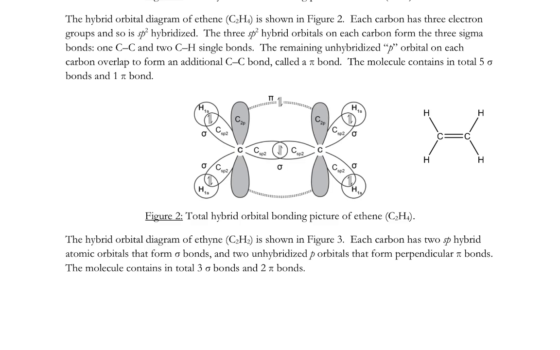So if we look at the groups of electrons about each carbon atom, we would see that there are 3 groups of electrons. That means we need 3 hybrid orbitals, and they are each sp2 hybrid orbitals. So on each carbon, we draw those 3 sp2 hybrid orbitals. We name them.